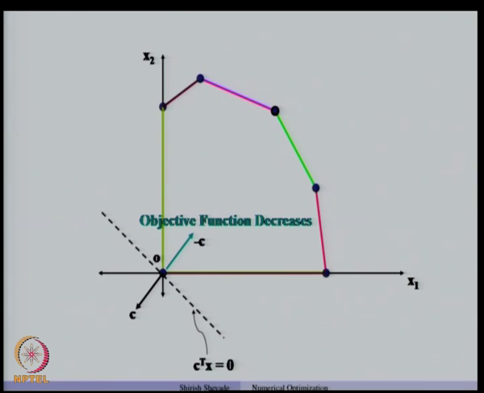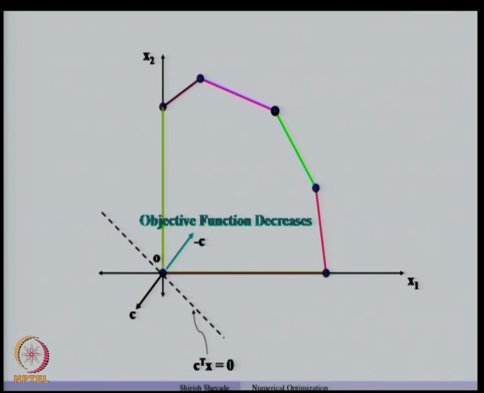So, what we need to do is take the hyperplane which is parallel to the hyperplane C transpose X equal to 0 and keep moving that hyperplane along the direction where the objective function decreases, and we maintain the contact with the feasible set X, and there will be some point where the function value will have minimum.